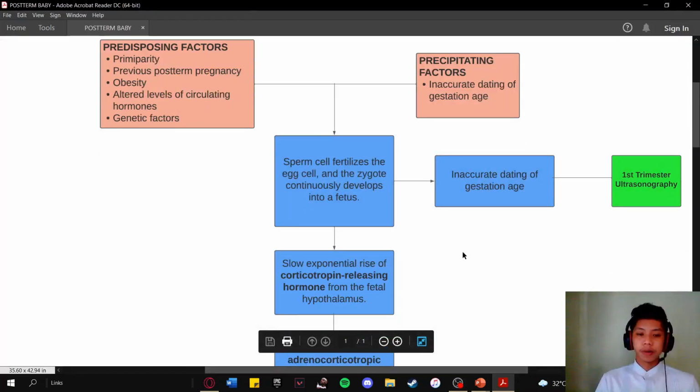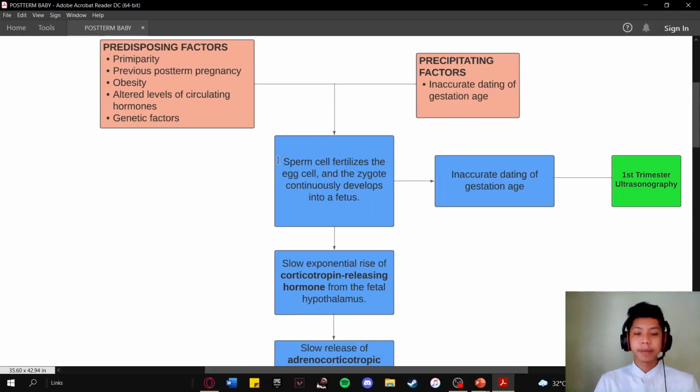So first off, the sperm cell fertilizes the egg cell. During copulation, when the male ejaculates inside the vagina of the female, the sperm cell will fertilize the egg cell of the female, and continuously the zygote will slowly develop into a fetus.